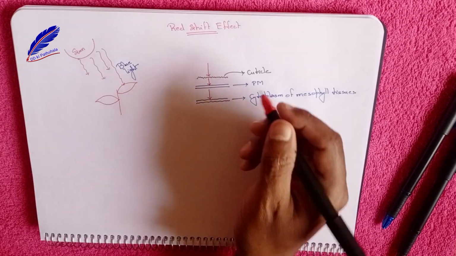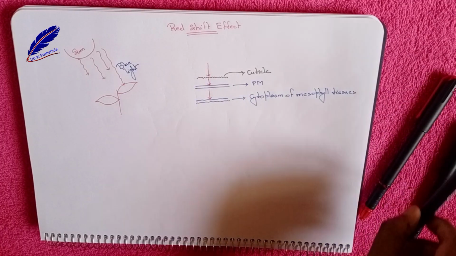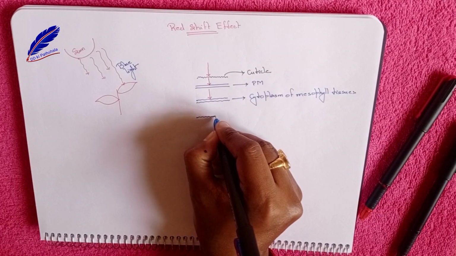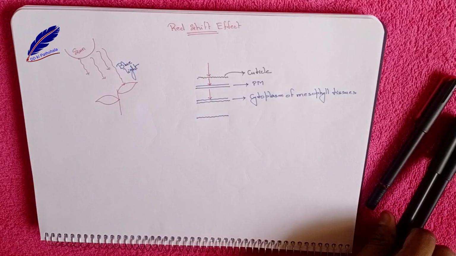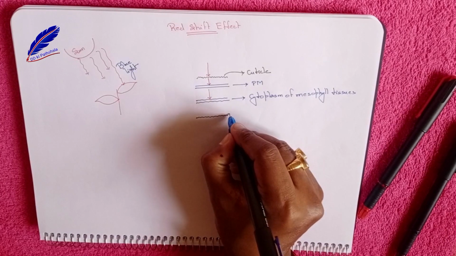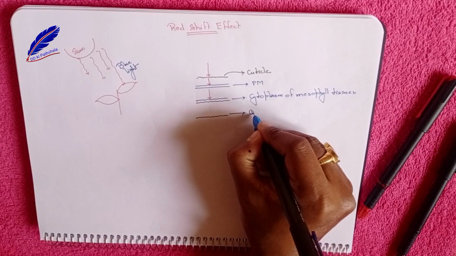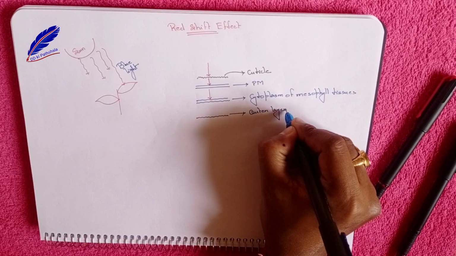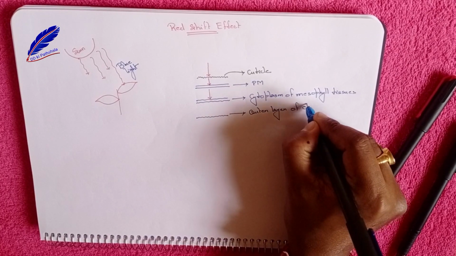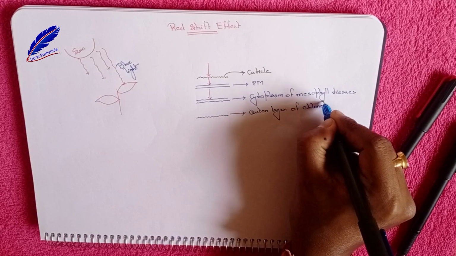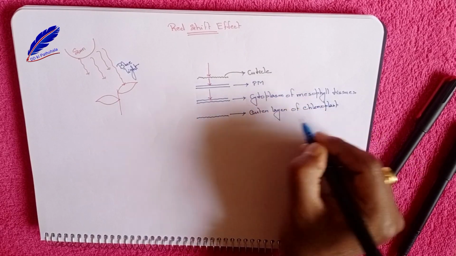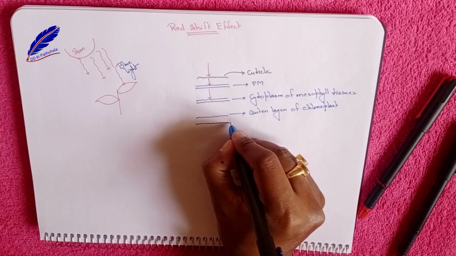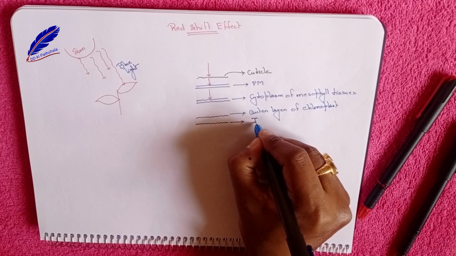After entering the cytoplasm, it is crossing the outer layer of the chloroplast. After crossing the outer layer of the chloroplast, the light has to cross the inner layer of the chloroplast.